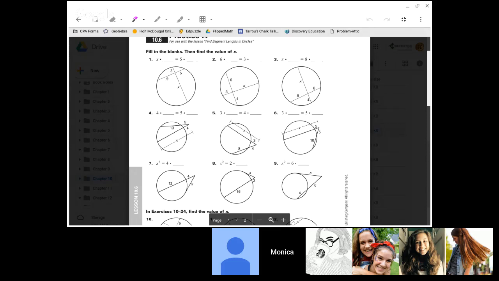So the one that has 4 for the outside, what's the measure of the whole length of it? Okay, so the measure of the whole length on that side is x. Now on the other secant, the outside part is 5. So what's the measure of the whole length?